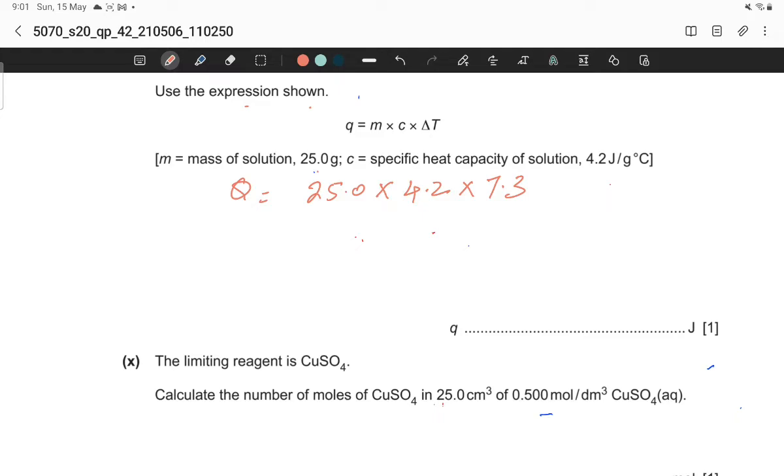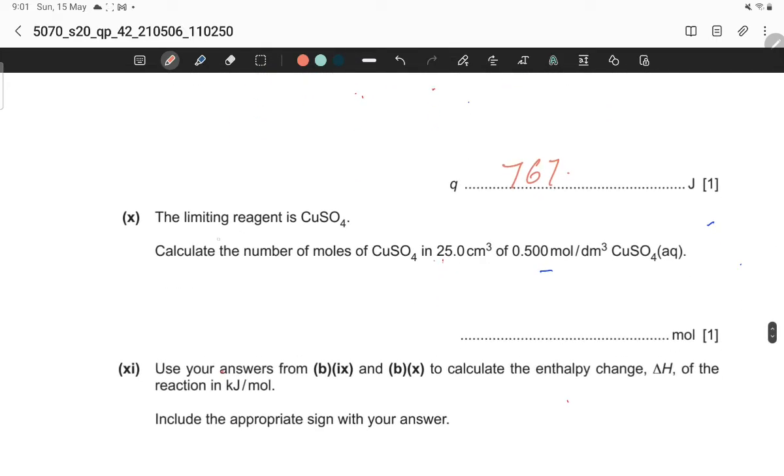I have calculated this, and it is equal to 767 joules.